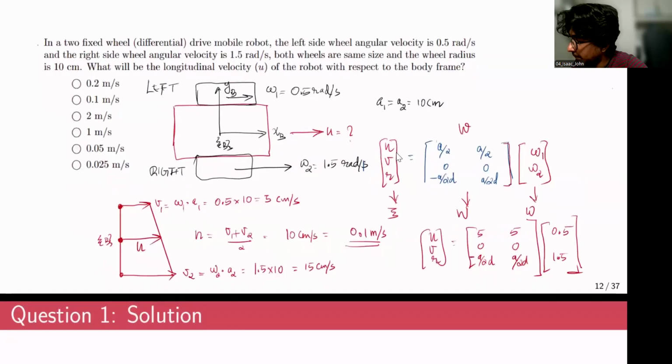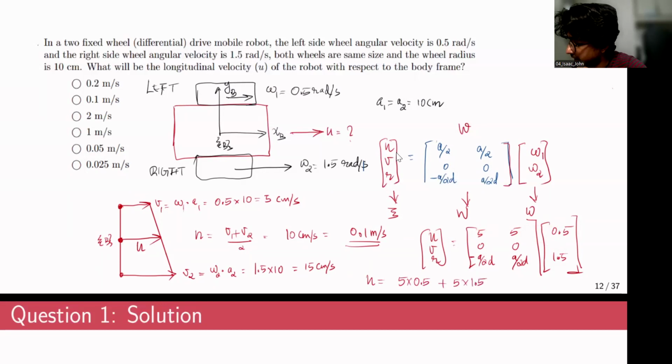So if you multiply this out, at least you can try and multiply the first row and the columns, because you are only required to find out this first term. So u would be 5 multiplied by 0.5 plus 5 multiplied by 1.5.